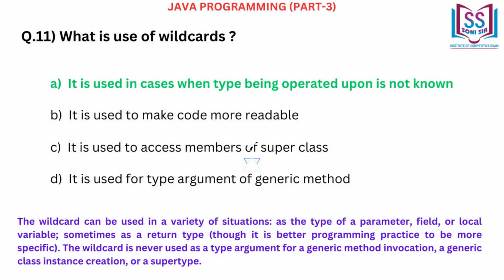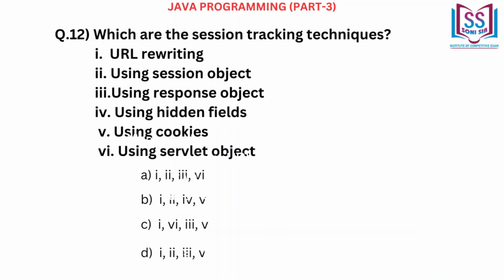Which are the session tracking techniques? 1. URL rewriting. 2. Using session object. 3. Using response object. 4. Using hidden fields. 5. Using cookies. 6. Using servlet object. A. 1, 2, 3 and 6.